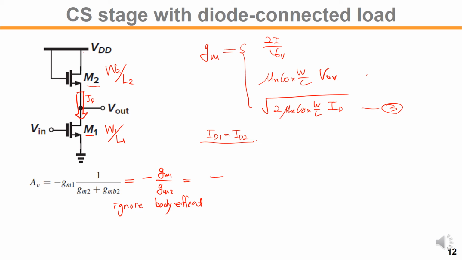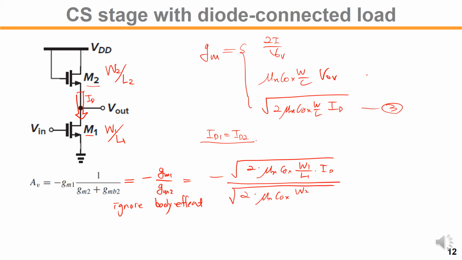So minus the square root of 2 mu n Cox W1 over L1 times ID, divided by the square root of 2 mu n Cox W2 over L2 times ID.